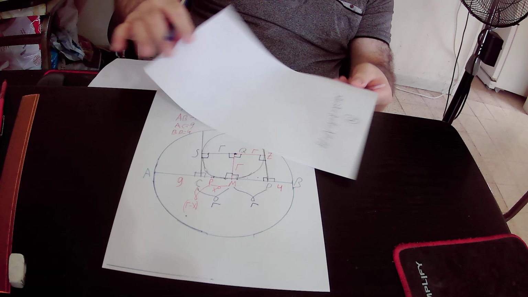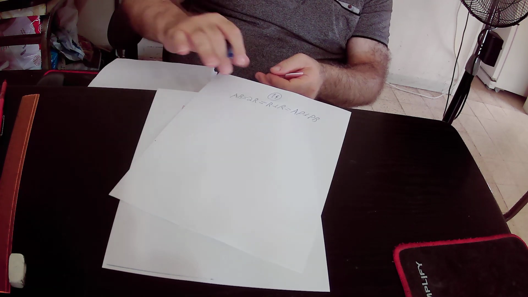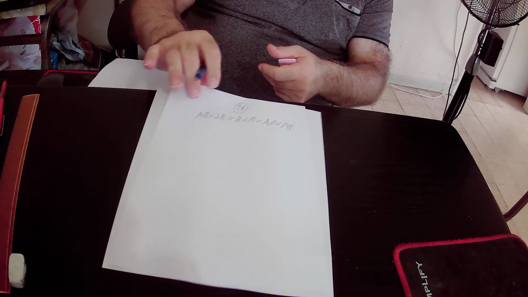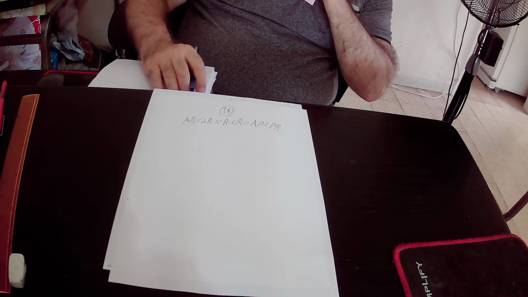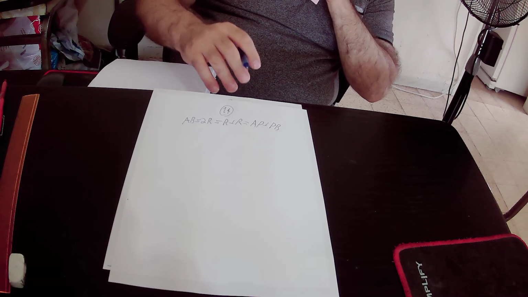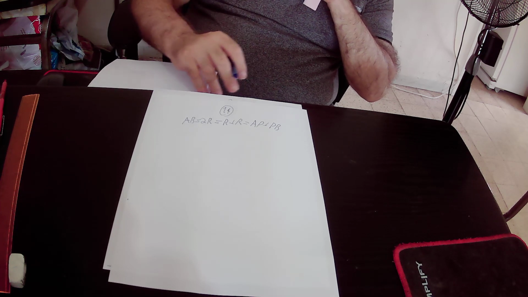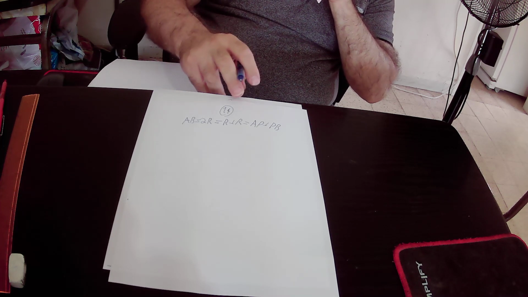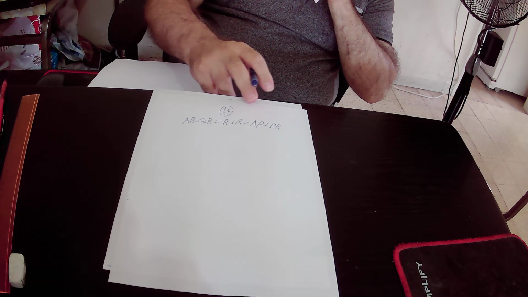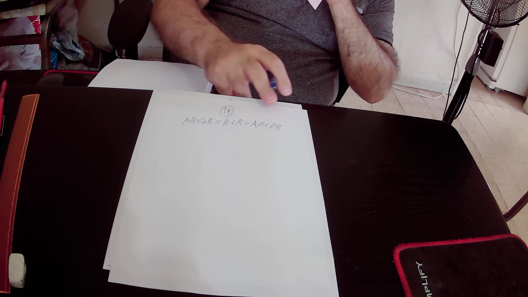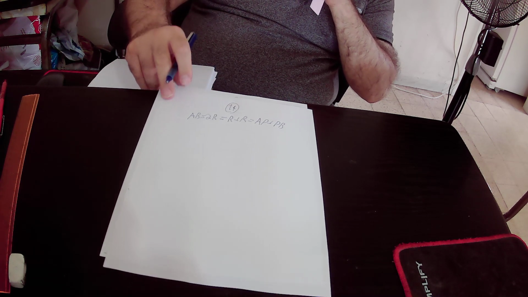We have this equality that states that AB, that is the diameter of the circle, equals to 2 times the radius of the big circle. That is to say, it is capital R plus capital R, and AP equals to capital R, and PB also equals to capital R.